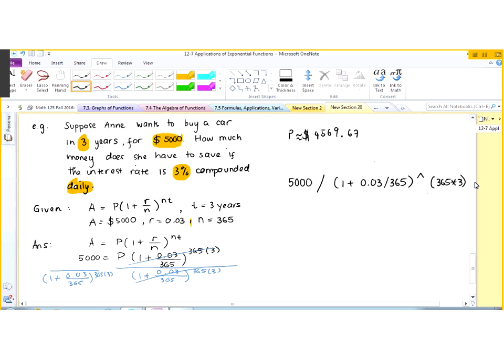Yeah, this one, right? This is the parentheses that you need. Can you try it now? Did you get it? Okay. So now I have to save around 4,600, which is a lot of money, right?